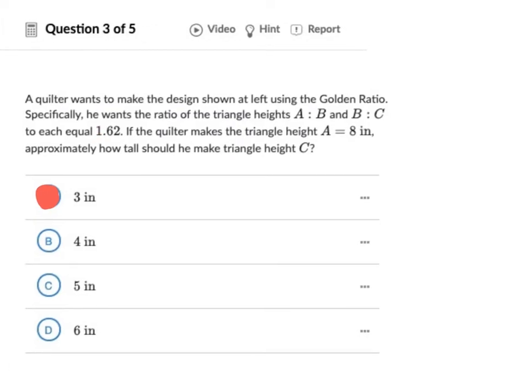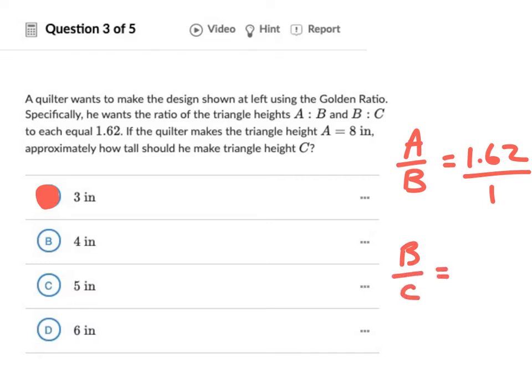So if you take A over B, take those lengths and divide them, you get 1.62. Similarly, you get, and I put this over 1, so that I had a proportion. You could turn any number into a fraction by just putting it over 1. It then says the same thing: B over C is also equal to 1.62 over 1.